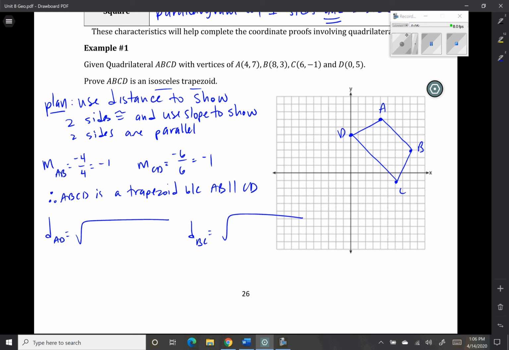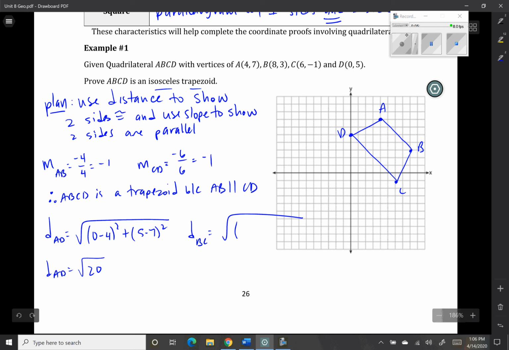So from A to D, I subtract my X values and subtract my Y values, plug that in my calculator without the square root. Remember, I'm trying to figure out what's underneath the square root. I get the square root of 20. I don't need to simplify because I'm just trying to see that they're the same.